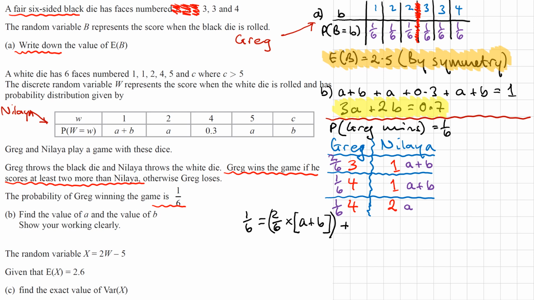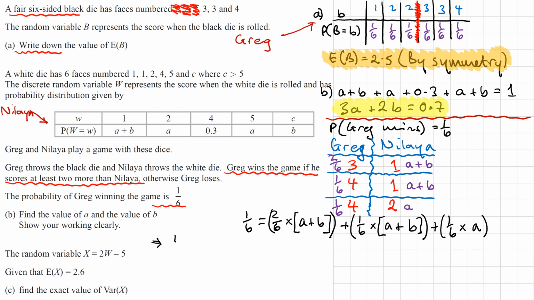Plus, because there's a different way you can win. So 1/6 times A plus B, or the third way is going to be 1/6 times A. Let's simplify this.